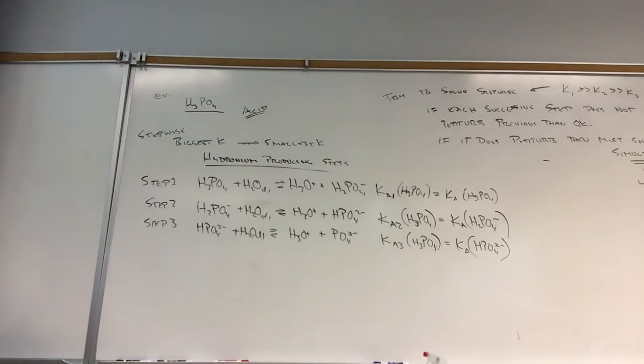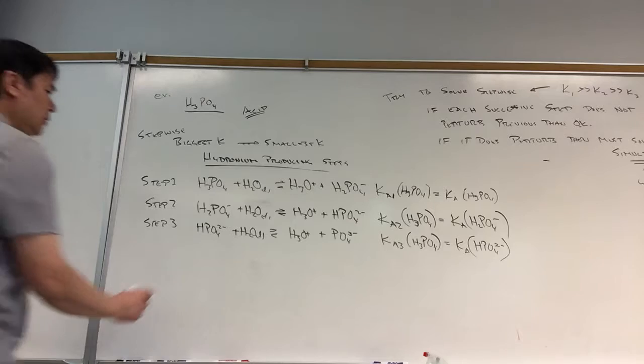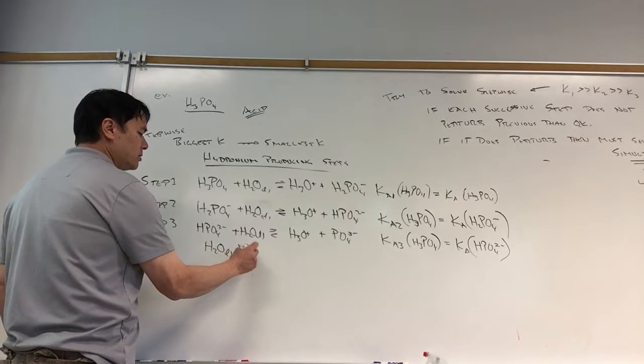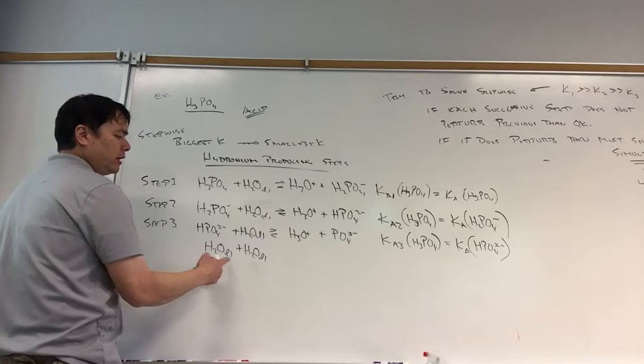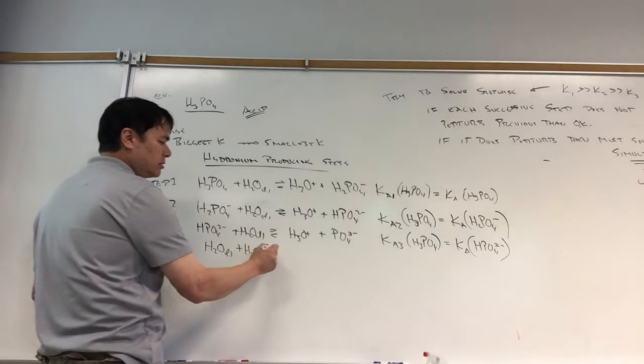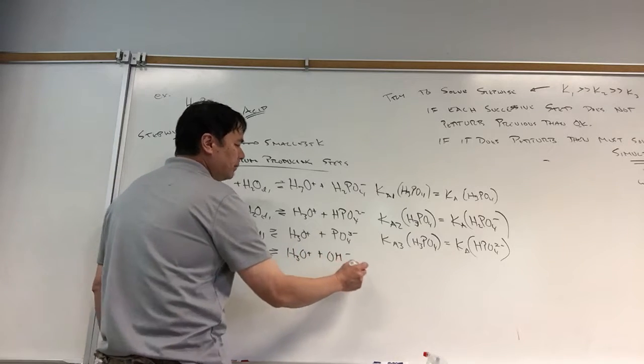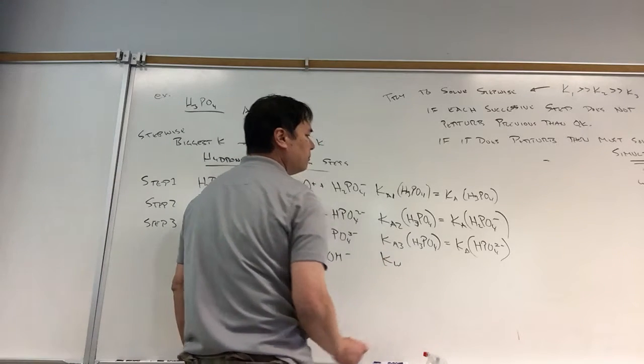This is 4.2 times 10 to the minus 13, which makes it just slightly bigger than water. And so water has got to be the least significant contributor of hydronium to this acid solution, and that would be the autoionization, or the acid hydrolysis of water to form hydronium and its conjugate base, hydroxide. This is Kw.